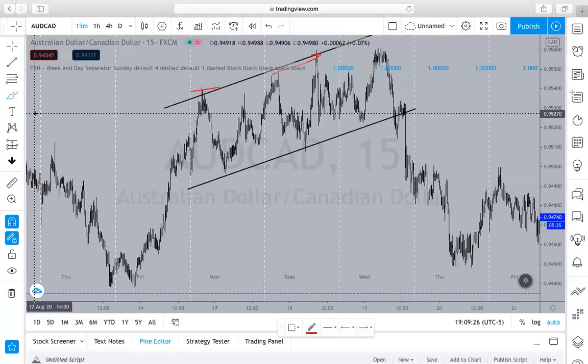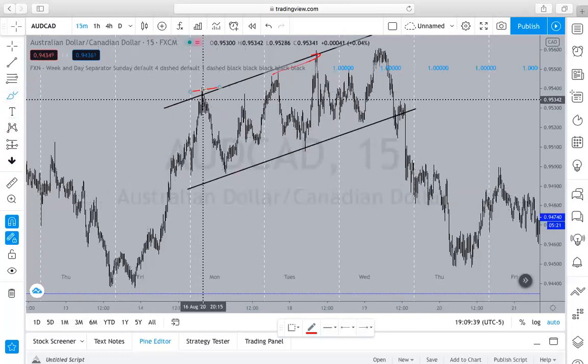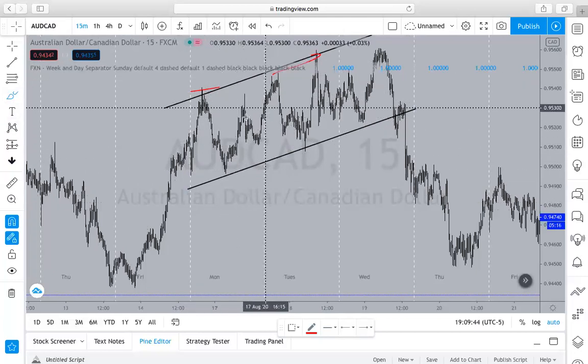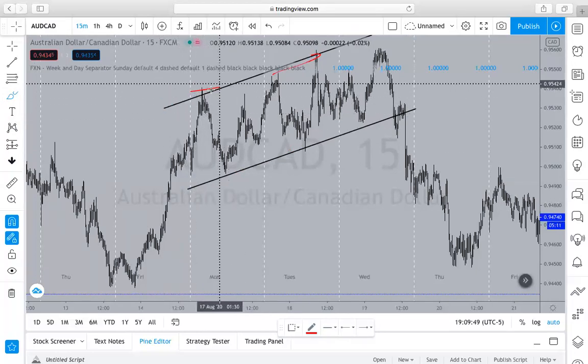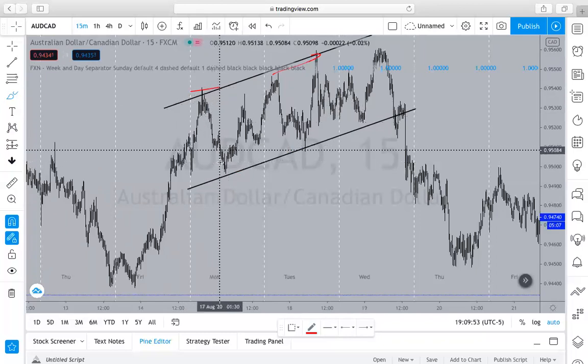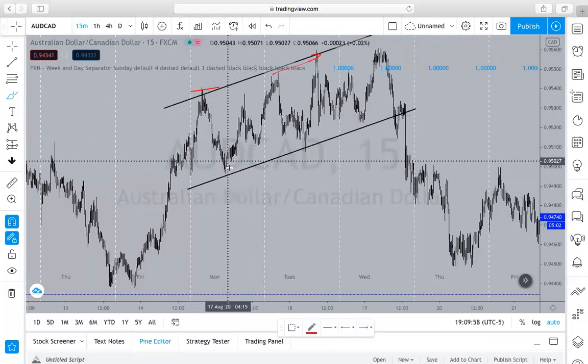Retail traders get so attached to these trend lines that we place on these charts and expect that the price will always come up here and will always come down to the bottom of the trend line before they buy and sell. That's not always the case. Remember, we're just placing these drawing tools on there to identify the manipulation. We're not trading these trend lines like the retail traders are taught.